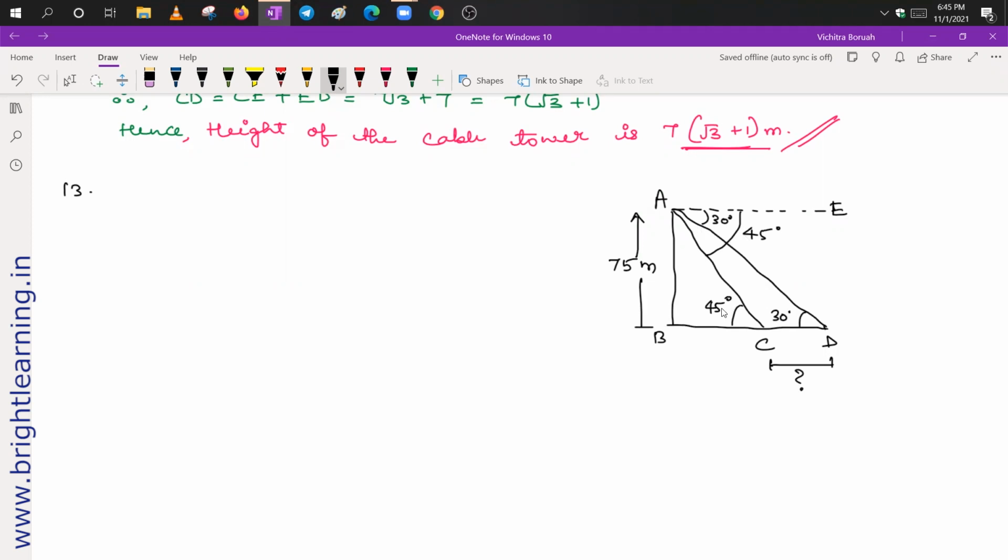Now first, let AB be the 75 meter high lighthouse, and C and D are the two ships.